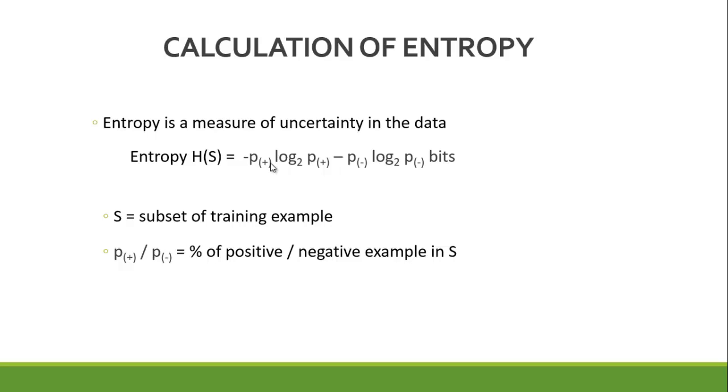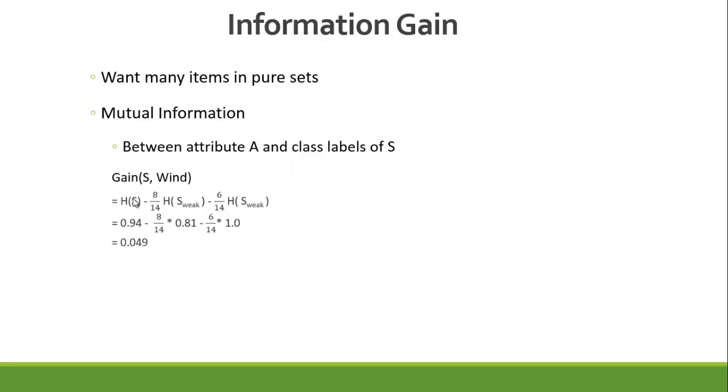Now let's move to information gain. Information gain is all about finding the decrease in entropy value after the data set is split on one attribute. The purpose of a decision tree is about finding the attributes that return the highest information gain, that is the most homogeneous branches.